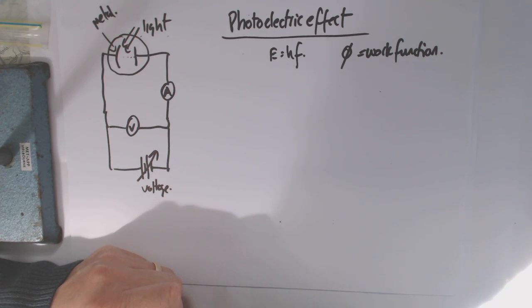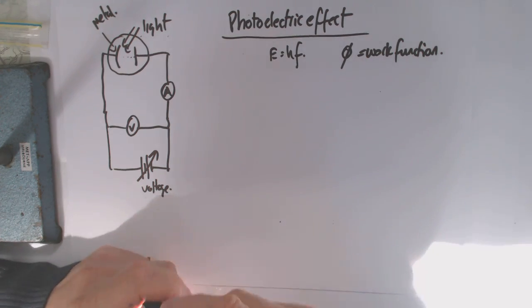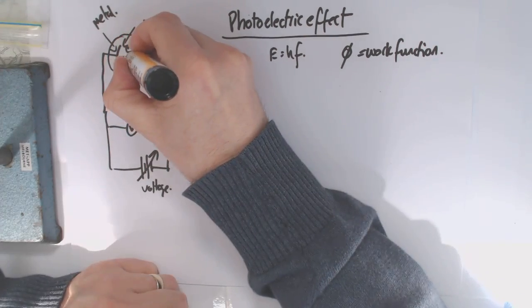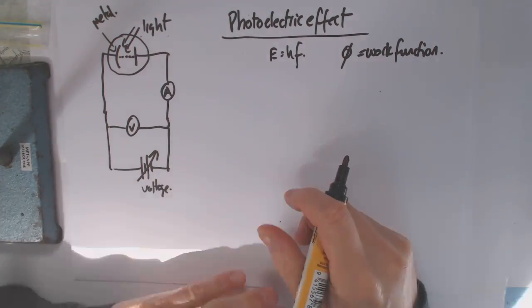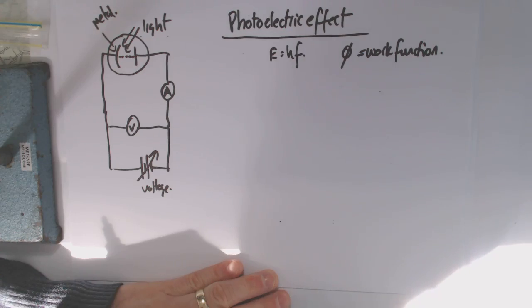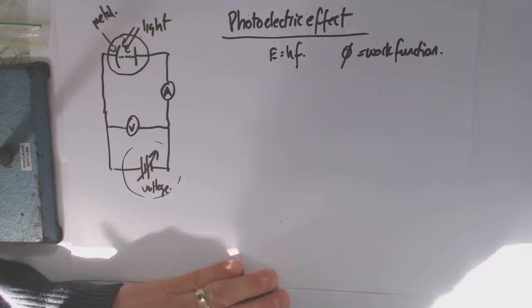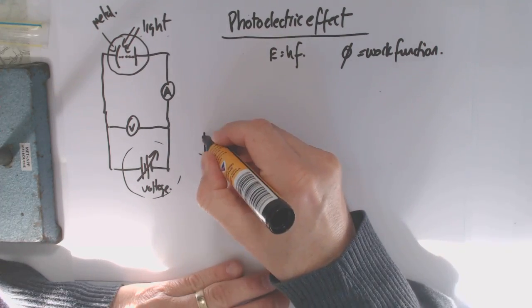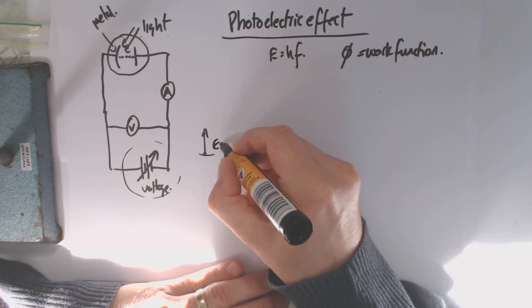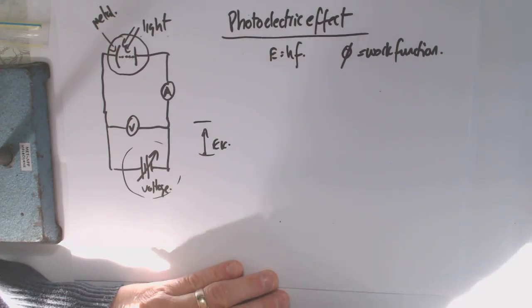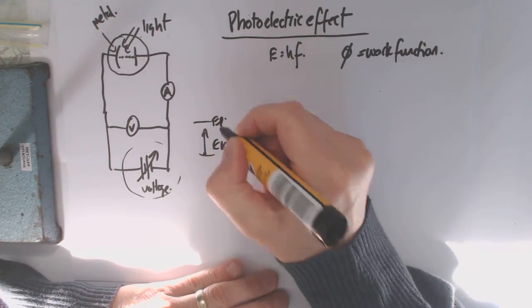Now, if you give it more energy than that, it not only escapes, it's got kinetic energy, and it can move. The amount of kinetic energy it's got will be equal to the voltage required to stop it. It's sort of like when we throw something up in the air, the kinetic energy gets equal to the potential energy.